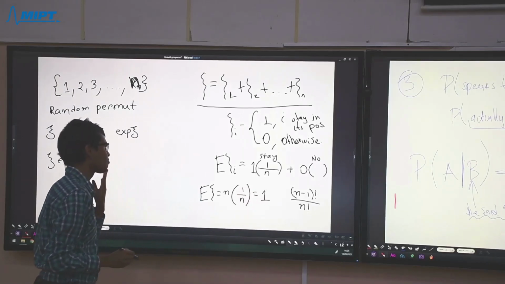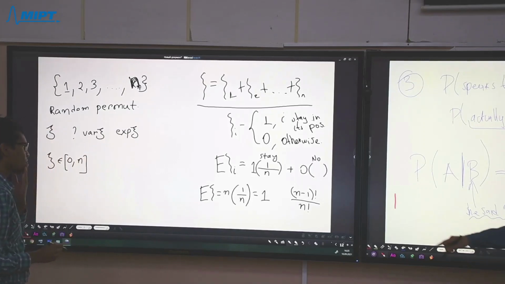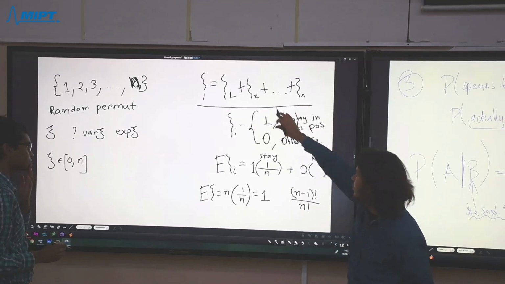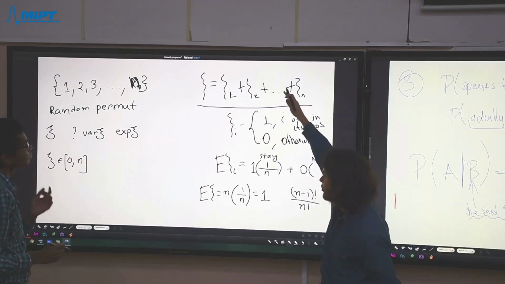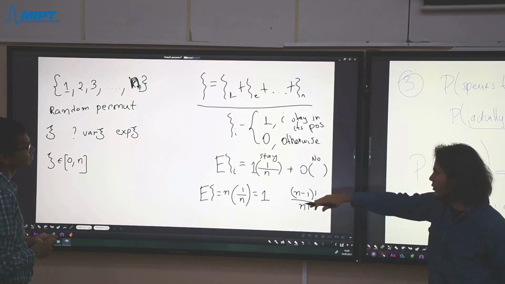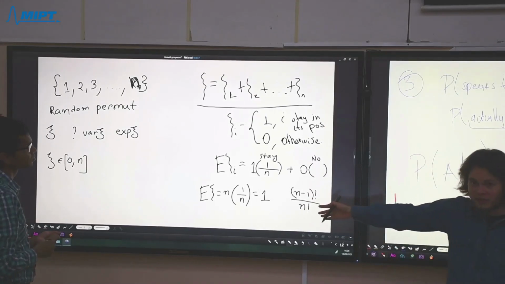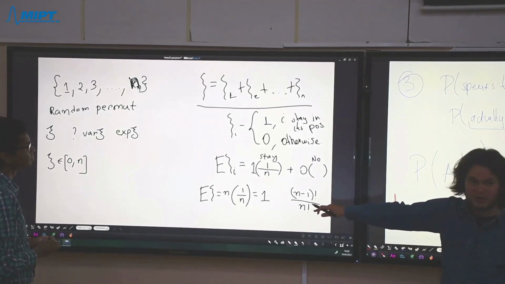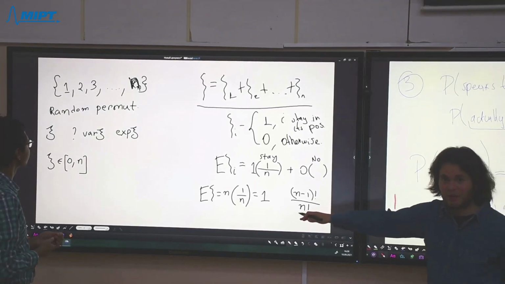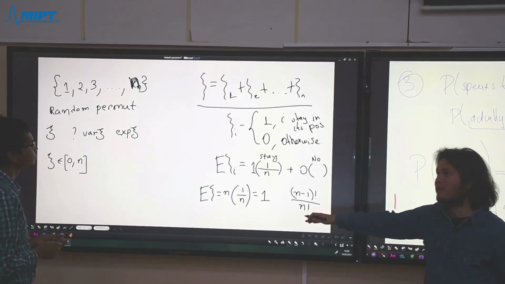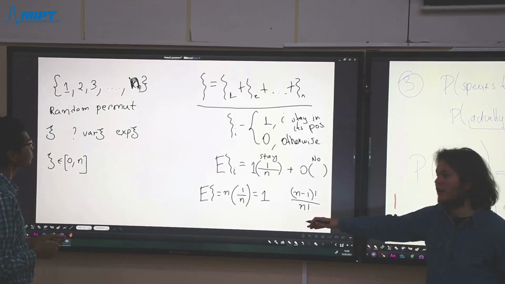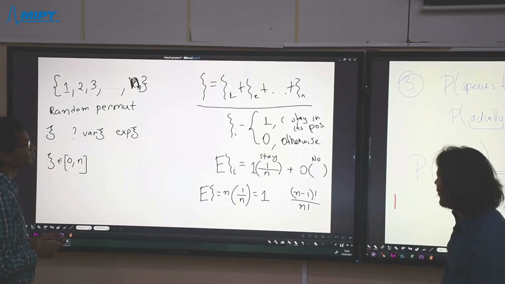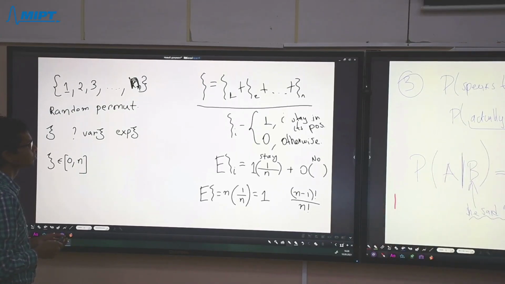We are summing up 1 over n plus 1 over n and so on, the expected value of each of them. Then we get 1. We actually did exactly the same problem last semester, if you remember. Exactly the same, but at that time we had letters and something else, and I don't remember exactly. Okay, now how do we find the variance?